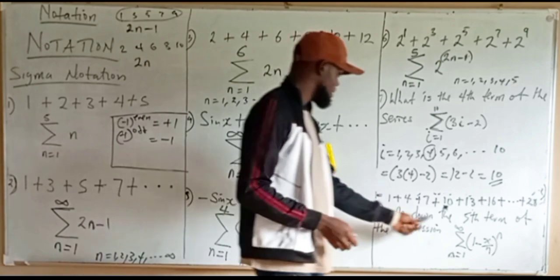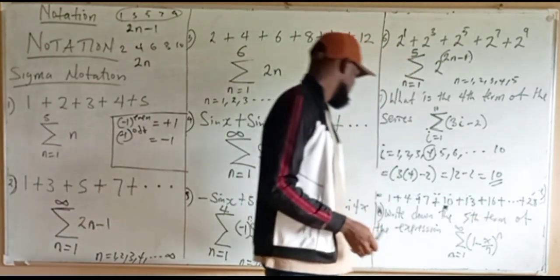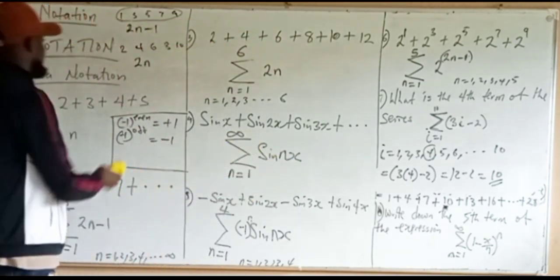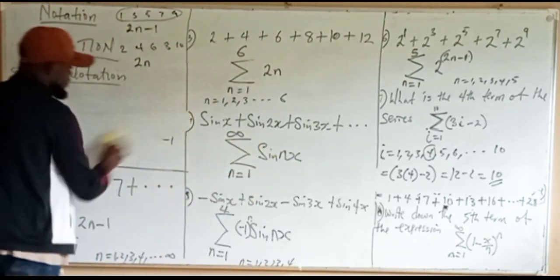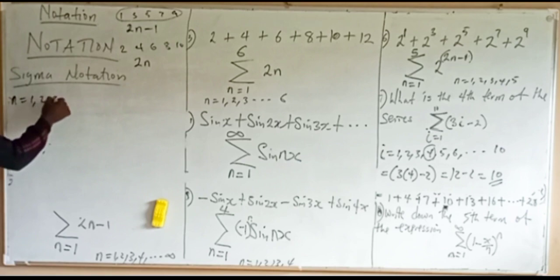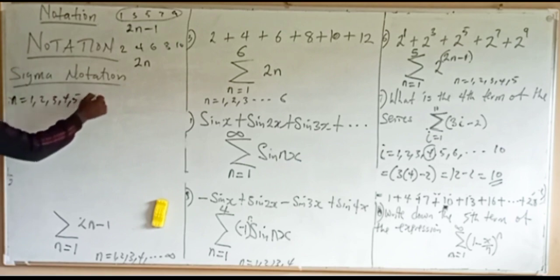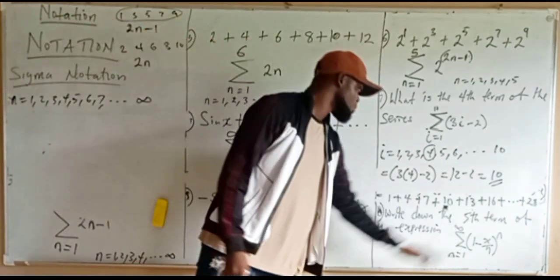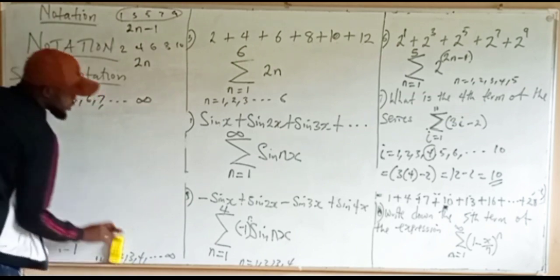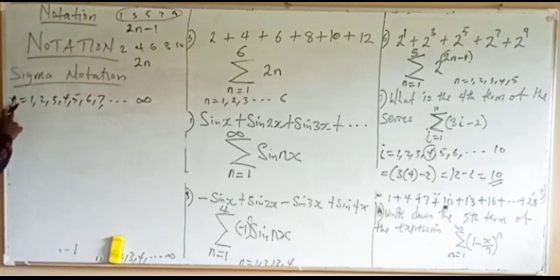Now in this example, I say write down the fifth term of the expression. So let's do that quickly before we go. The first thing to do, let's write out n. n starts from 1, 2, 3, 4, 5, 6, 7 until you get to what? Infinity, because n is not going to end. So they said, what is the fifth term? What you do, you come to this place, you have n. Just count 1, 2, 3, 4, until you get to 5.